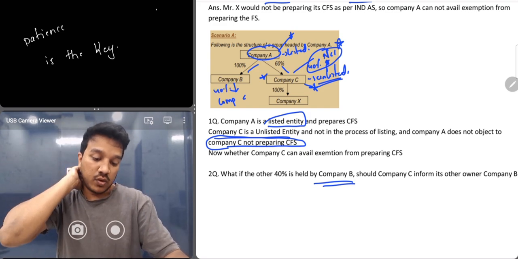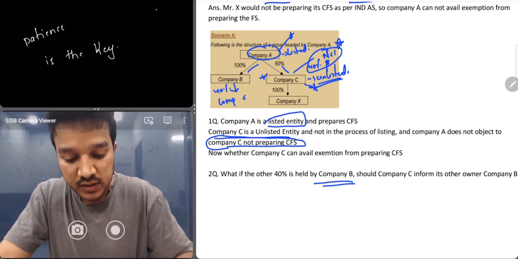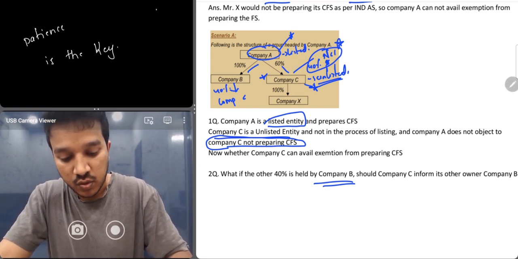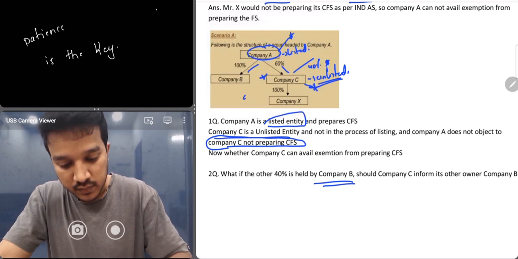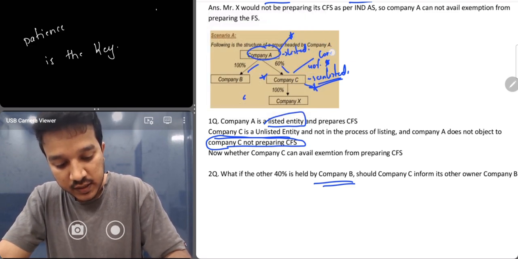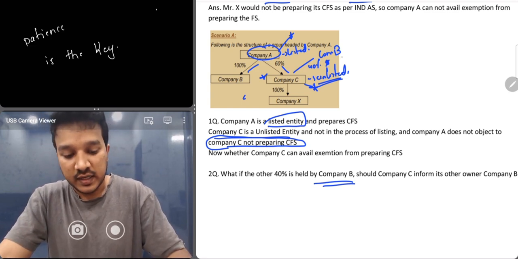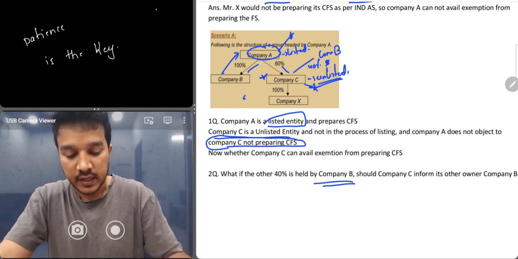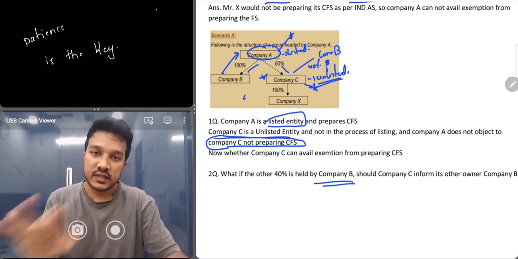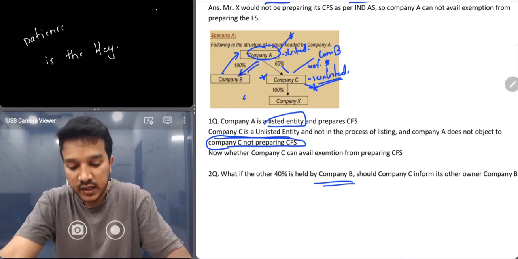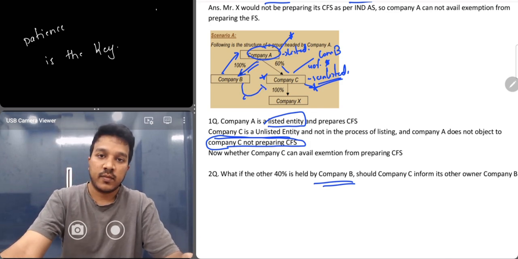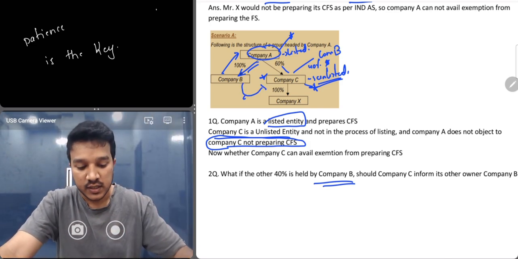Ultimately 60% is held by company A and 40% is held by company B, and company B is ultimately owned by company A. If I take permission of company A, that is sufficient. That's the answer, because ultimately company A is the one holding this also, and then indirectly this is holding here. If you take permission of company A, that will be sufficient.